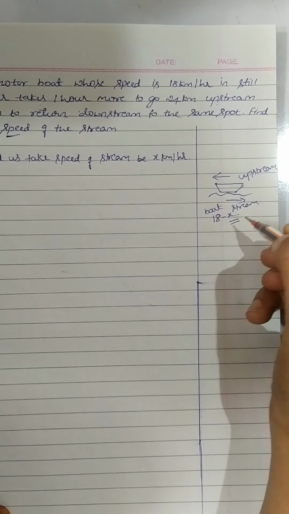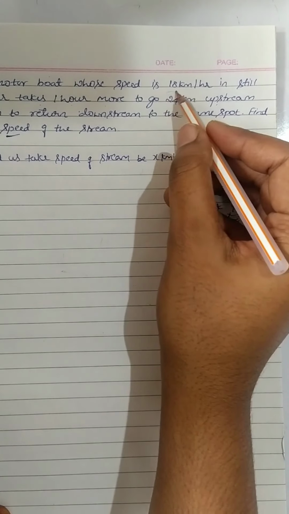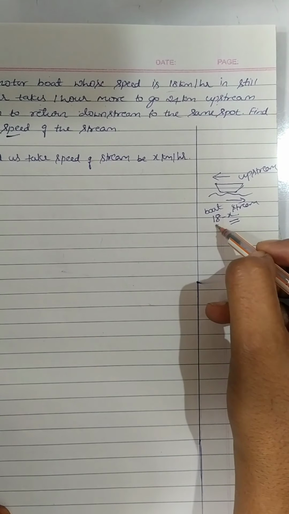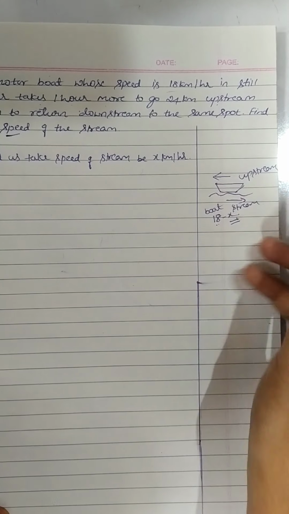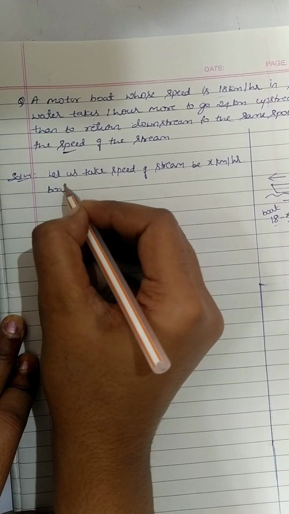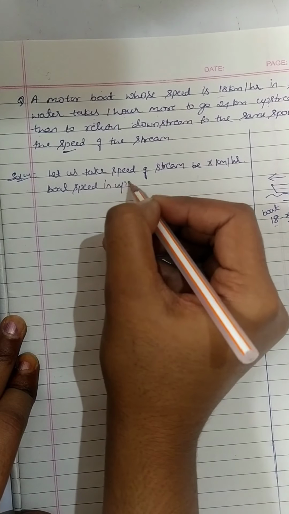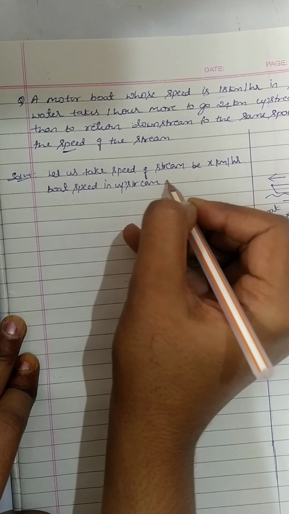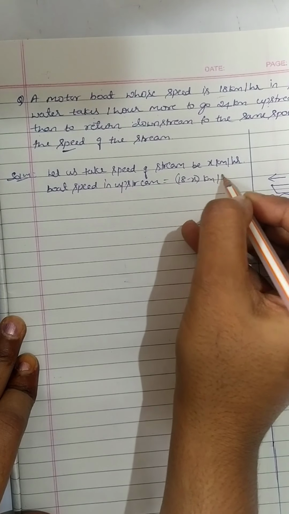Stream speed we took as x here. Boat speed they had given as 18 km per hour in the question. So boat speed minus stream speed gives the boat speed in the upstream. So boat speed in upstream is equal to 18 minus x kilometer per hour.